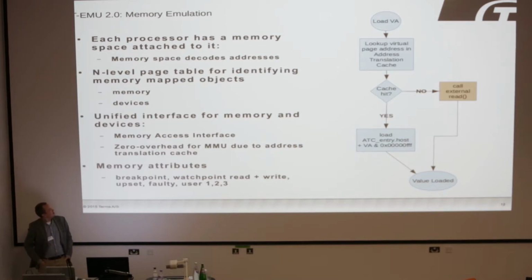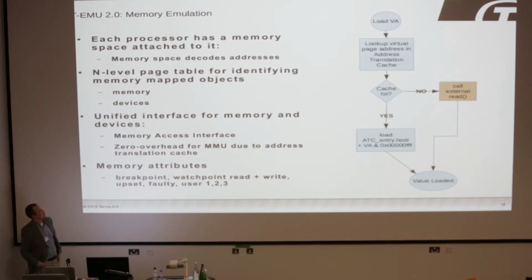So I mentioned also that you need to do memory emulation. When you have an MMU in the system, if you need to do a table walk for every memory access, it will be really slow. So what we implement is a sort of software TLB in the emulator.